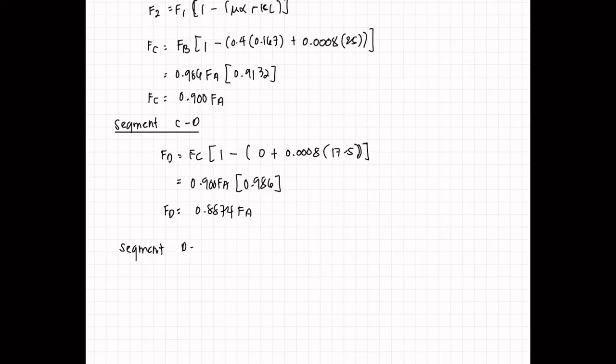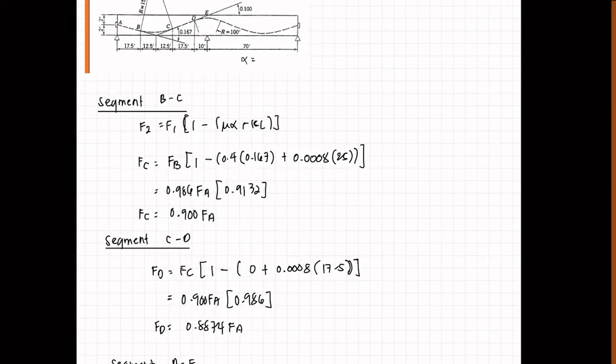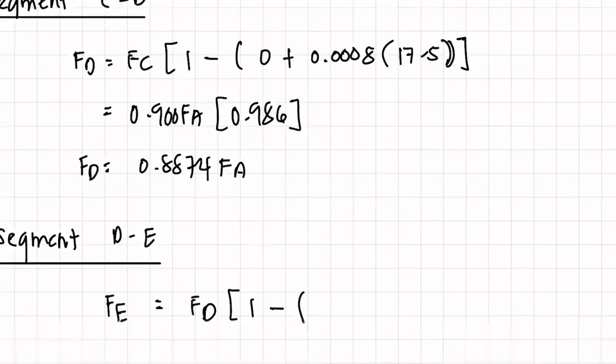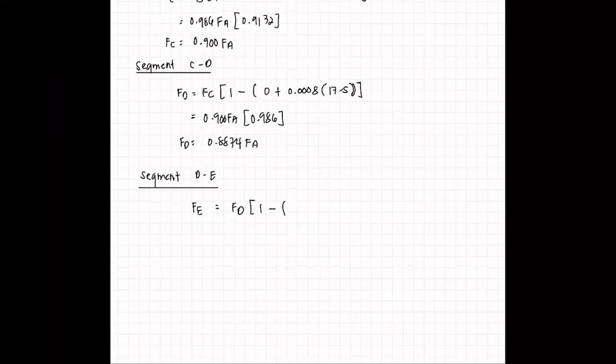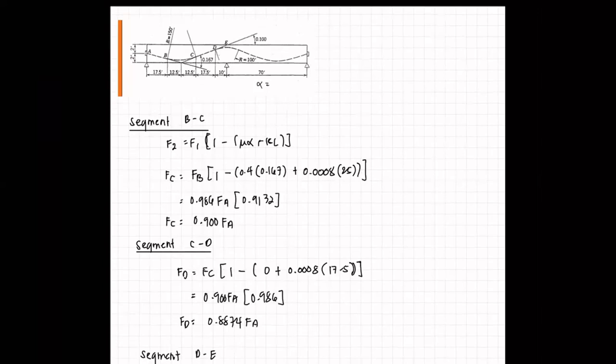Then last segment, D to E. Okay. So FE is equal to FD times 1 minus, so dito, yung D to E natin is half nitong curvature na to, no? Itong curvature na to. So, kailangan natin ng curvature effect. So, 0.4 times yung alpha natin, given dito, alpha niya is 0.1.